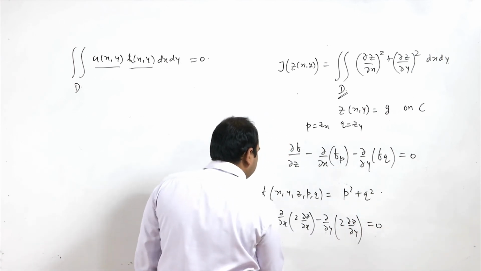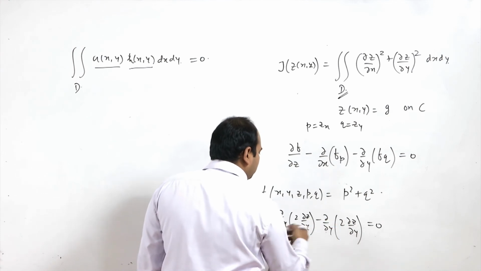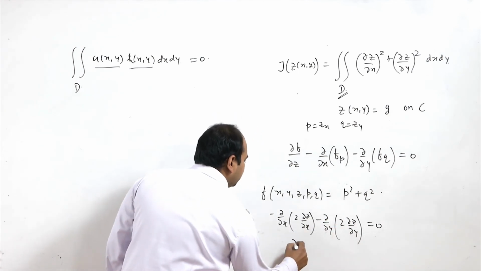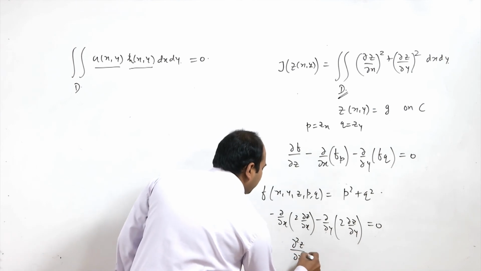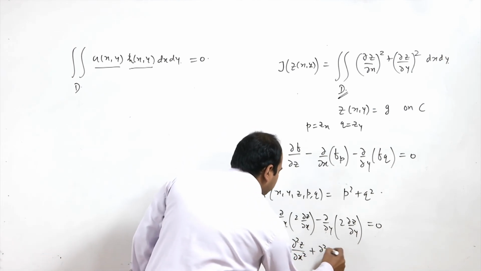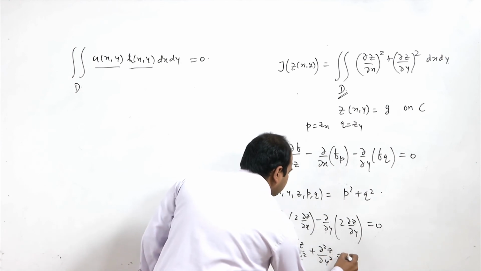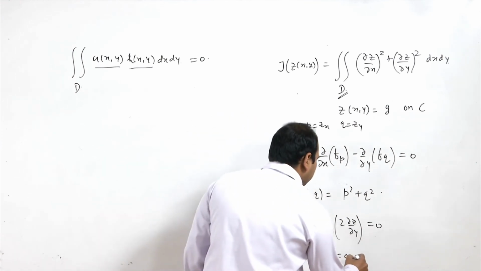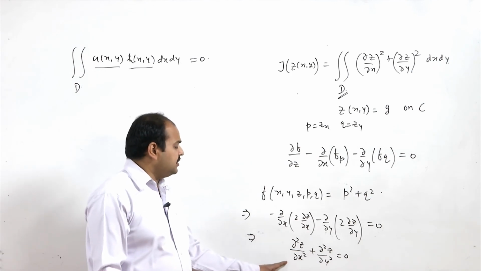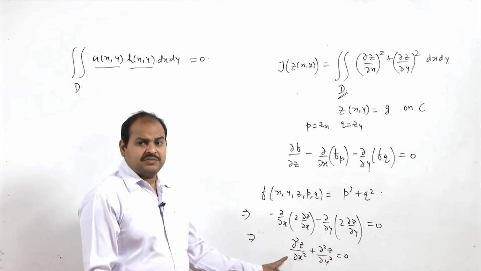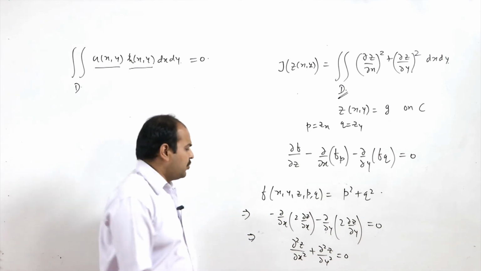When you simplify this, you can take the 2 out, and you can say that it is nothing but ∂²z/∂x² plus ∂²z/∂y² is equal to 0. So the extremal surface must satisfy this equation, and if you recall, this equation is nothing but the Laplace equation.